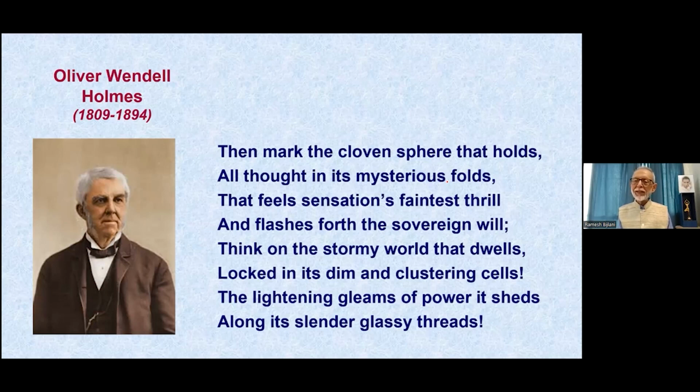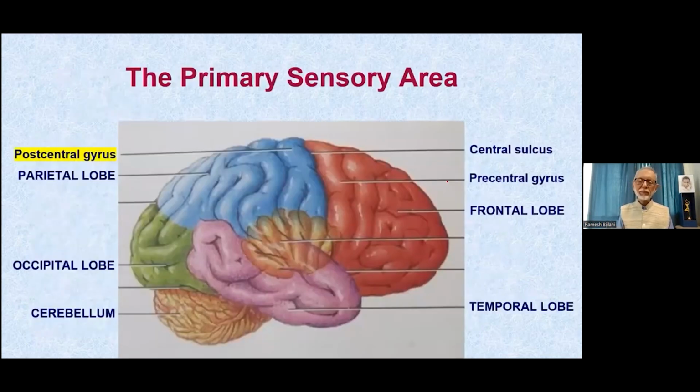And clustering because the brain is jam packed with these cells, the great density of these cells. The lightning gleams of power it sheds along its slender glassy threads. The gleams of power, electrical impulses that it sends along slender glassy threads, the nerve fibers. Now, this picture shows the primary sensory area.